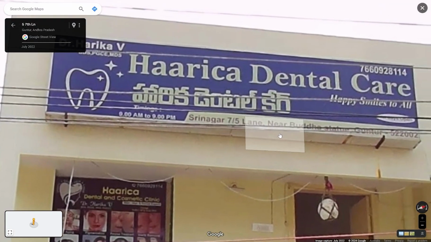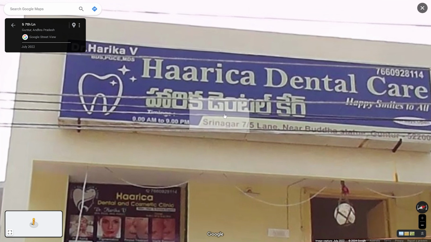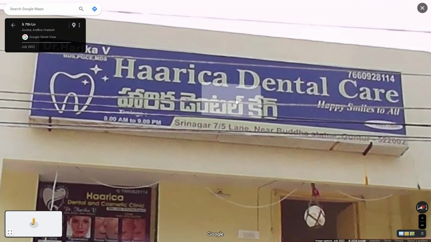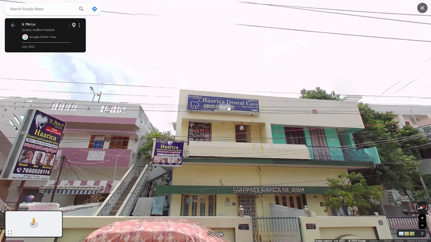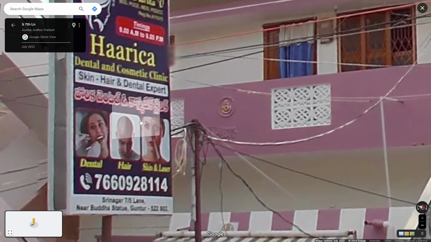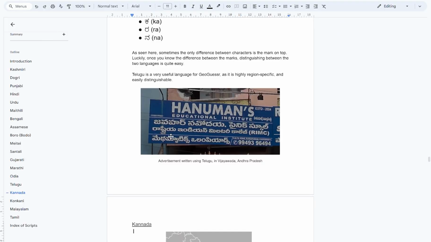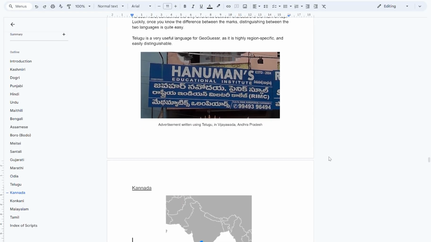You'll see a lot of fonts for the southern languages where they're kind of made to be more boxy or square, but you can still distinguish the tick marks, especially on this character here. The tick marks are still distinct in a lot of these boxier fonts. We've got more Telugu here. You'll see Telugu everywhere if you're in Telangana or Andhra Pradesh.